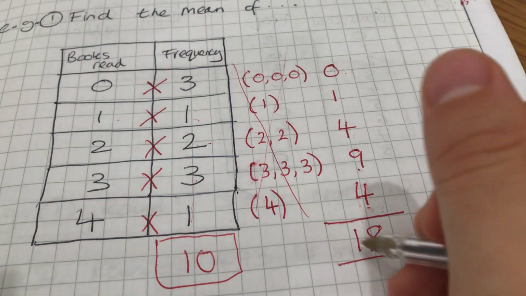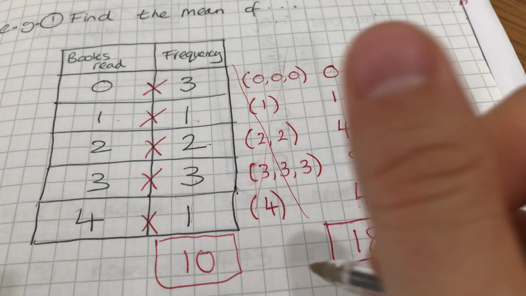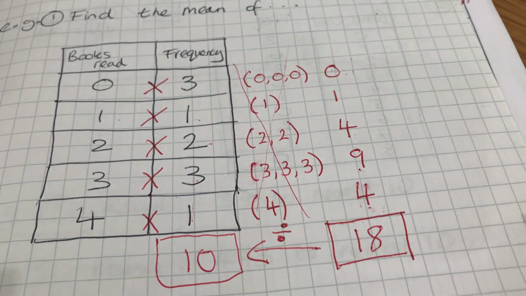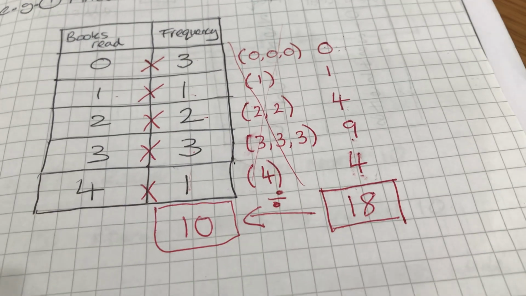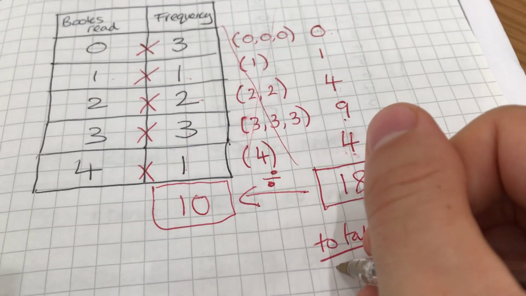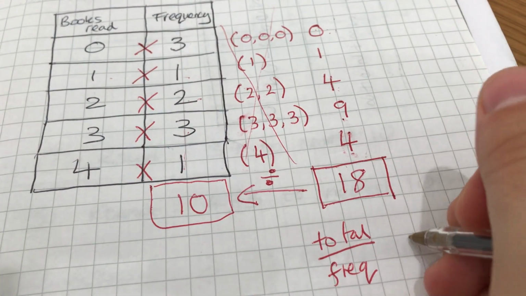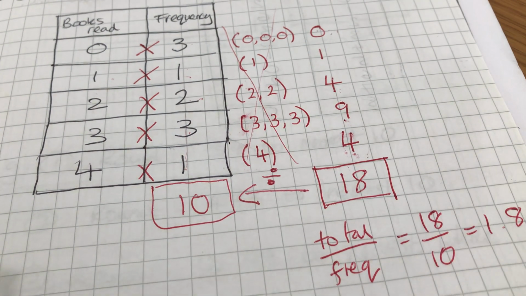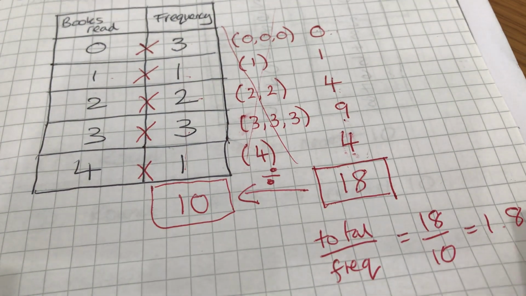So I've got a total over here, and I'm going to divide it by the total frequency. Okay, so I'm going to write total divided by frequency, and that's 18 divided by 10, which is 1.8. And that is my mean.